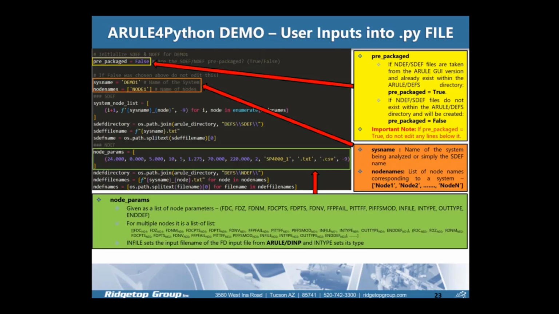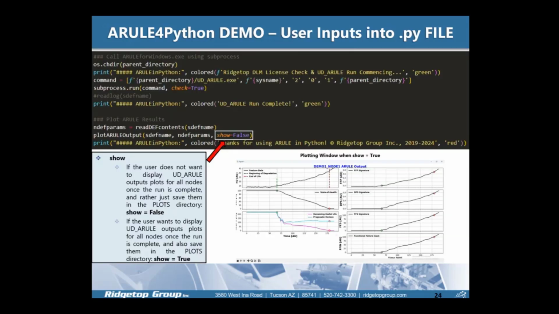Shown here is the later part of that script, where you can again give it those 5 input arguments and then run. There's also this argument called show.